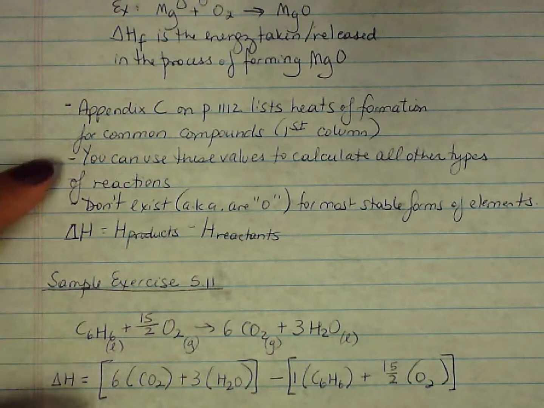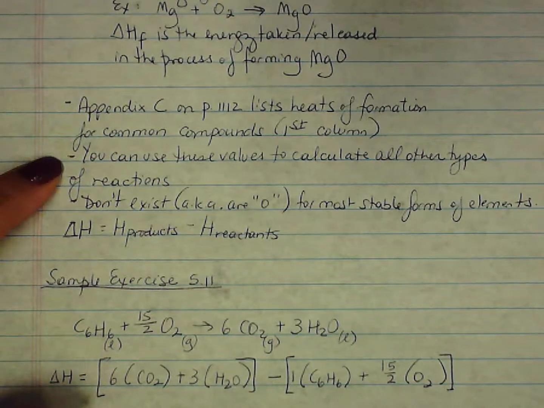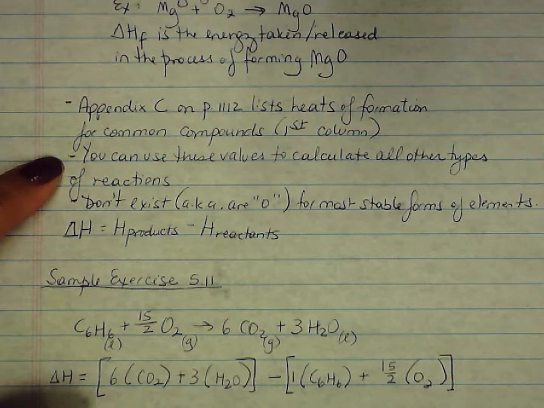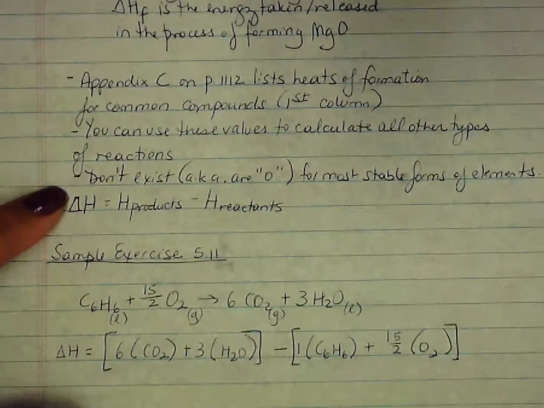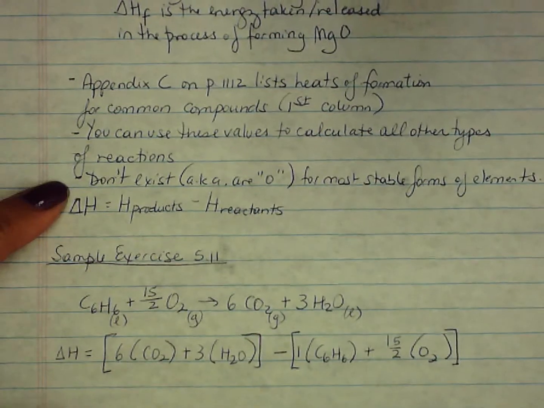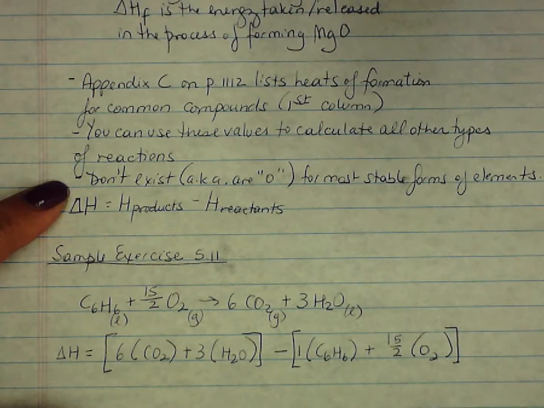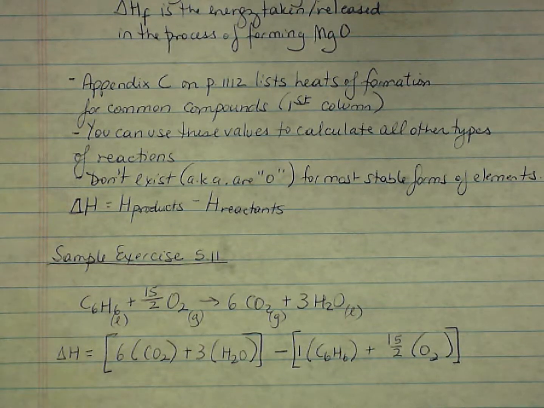Alright? So the way that you do this is you go to the back of the book. And again, the change in enthalpy for the reaction is the heats of formation of the products minus the heats of formation of the reactants.